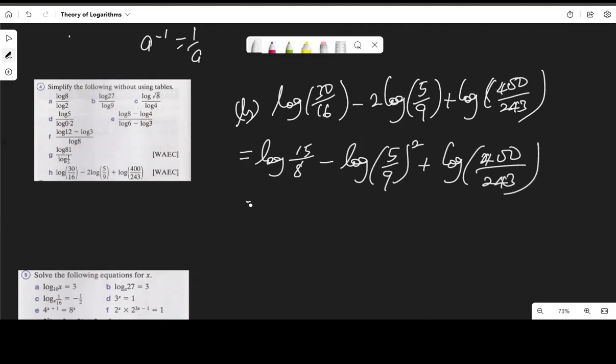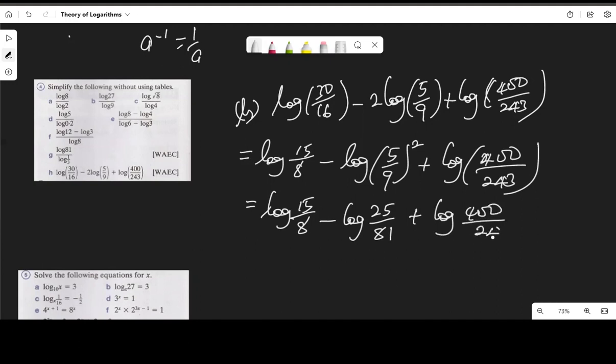Okay, which gives us log 15 over 8 minus log 5 squared is 25, 9 squared is 81, plus log 400 over 243. Let me bring out the positive first. That is, this and this are positive.